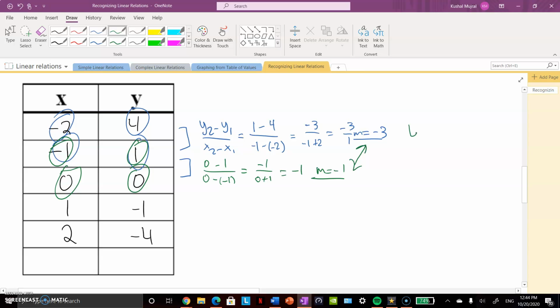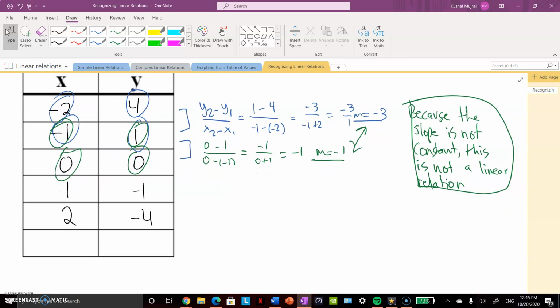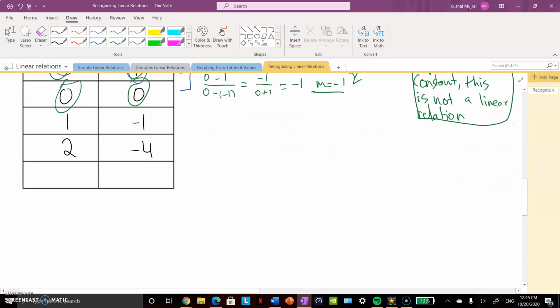Because the slope is not constant, this is not a linear relation. A constant slope means that m is the same between each pair of values. So y2 minus y1 over x2 minus x1 for each of these intervals would be the same. That's what a constant slope is.